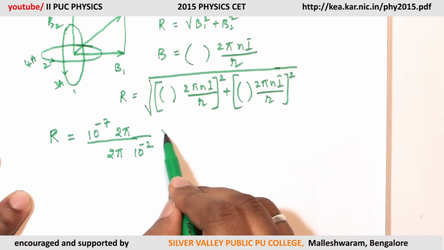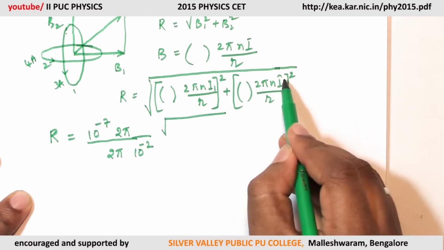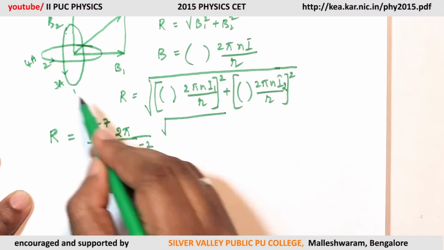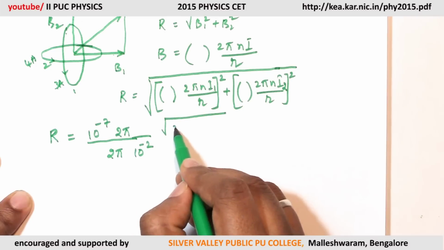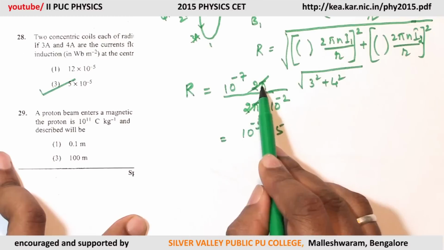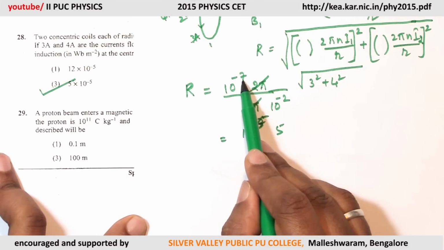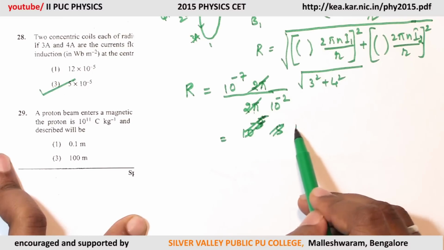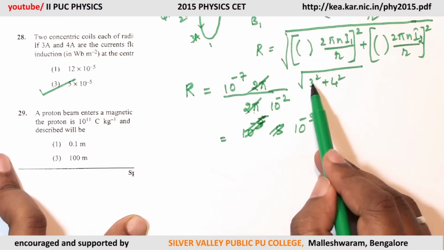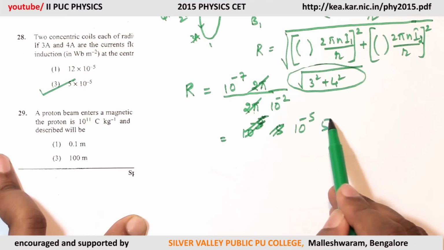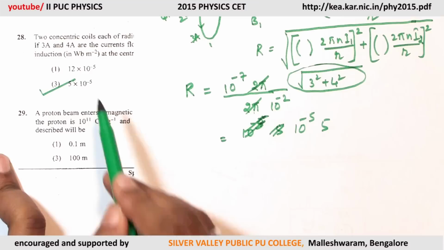Then root of remaining is I1 square plus I2 square. I1 square is 3 square, I2 square is 4 square. 3 square plus 4 square is 5 square. Therefore 2 pi, minus 7 minus 2 is minus 5. This gives 5 10 power minus 5 Tesla.